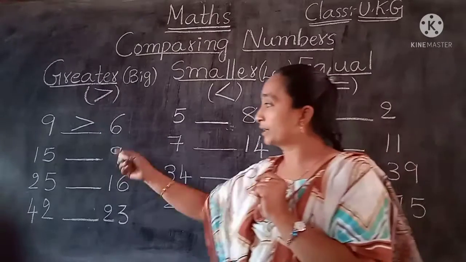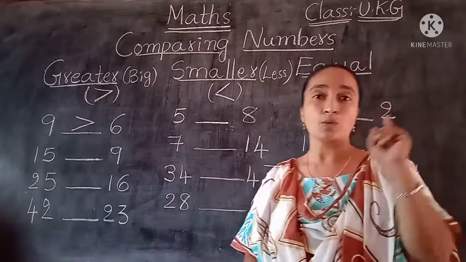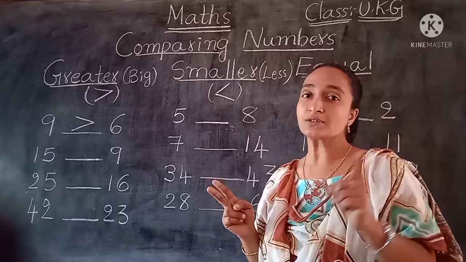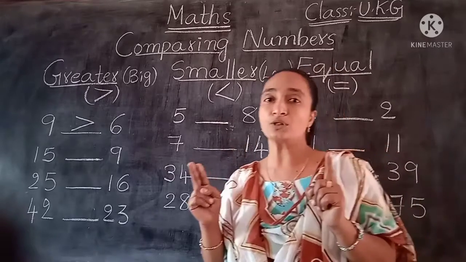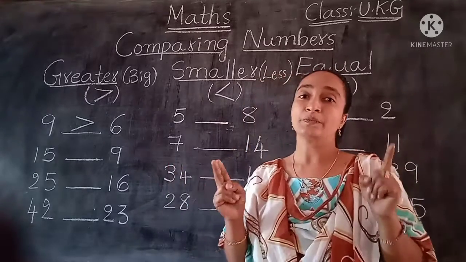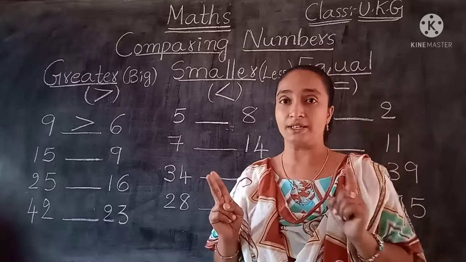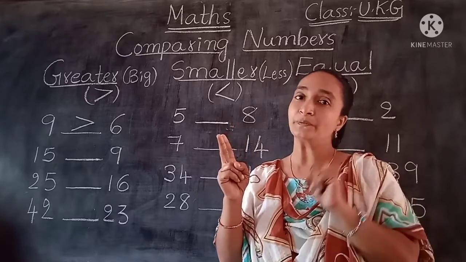Now let us see another two numbers. Here they have given one single digit number and one two digit number. In these two numbers, how could we find out which is greater? This is also very easy. Why? Because a two digit number is always bigger than a one digit number.